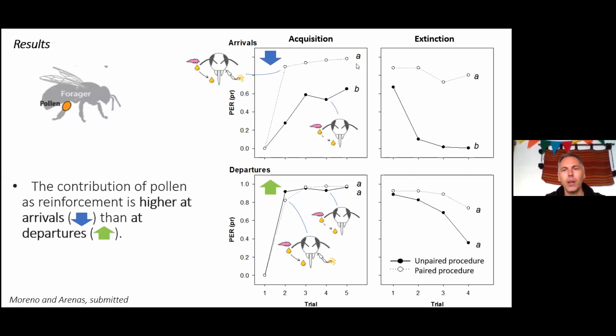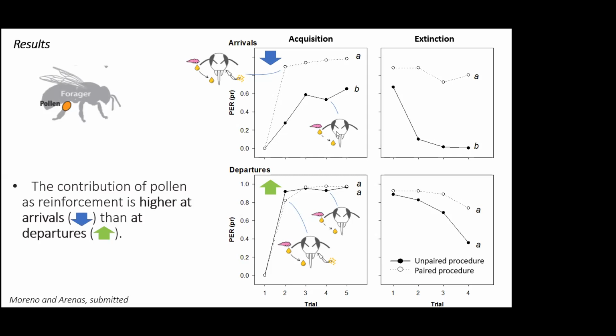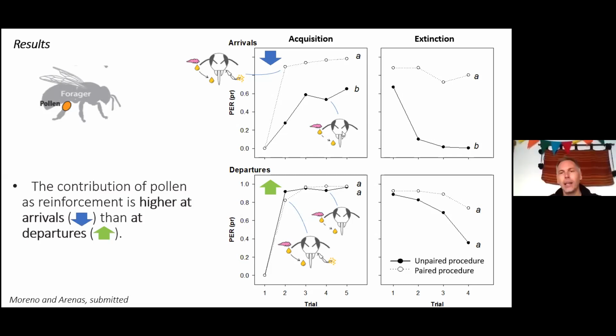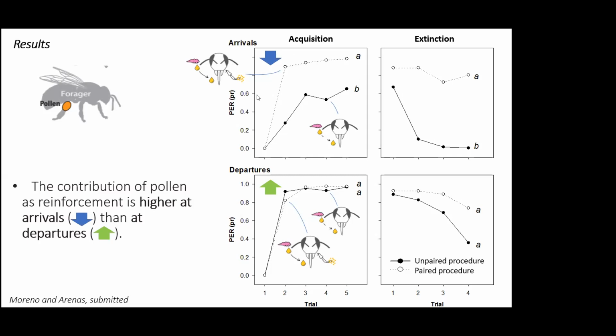We move to these pollen foragers arriving at the food source. We found significant differences. Pollen foragers that were trained or conditioned with the double reinforcement retained memory better than those that were just rewarded with sugar, meaning that memory established just with sugar extinguished faster than those obtained with the double reward.